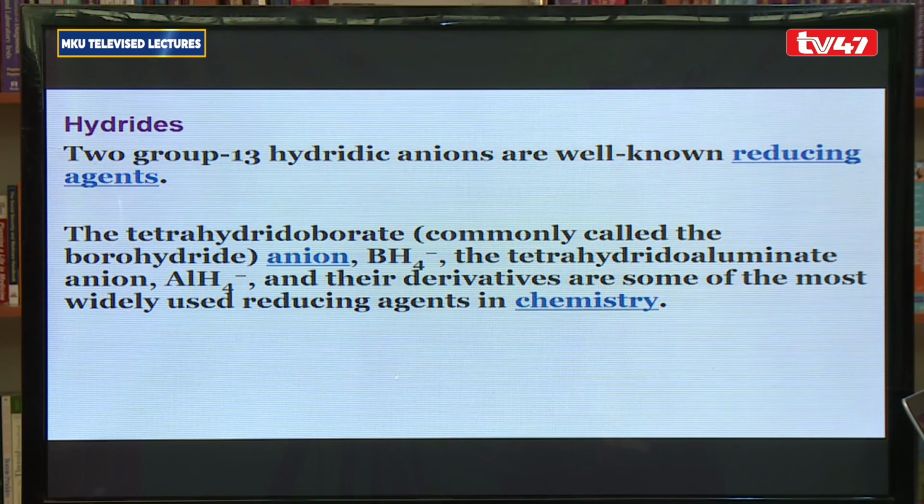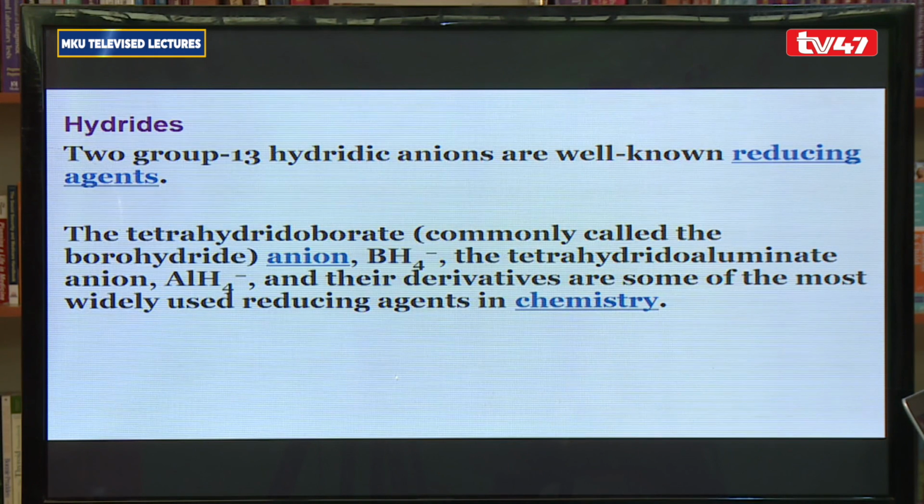Two of the most well-known complex hydrides of group 13 are the borohydride and aluminium hydride. If you react aluminium chloride plus lithium hydride, you will form lithium aluminium hydride, a complex hydride that is used a lot in organic synthesis, especially in the reduction of the carbonyls.